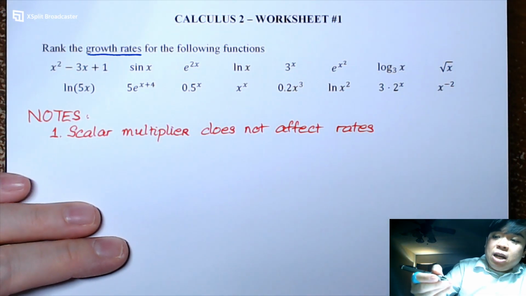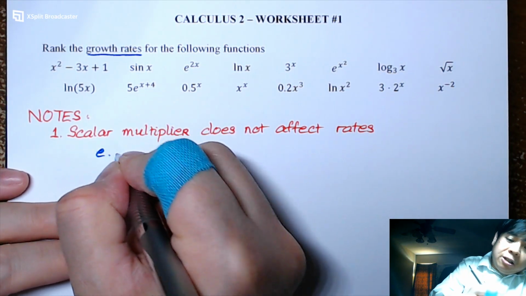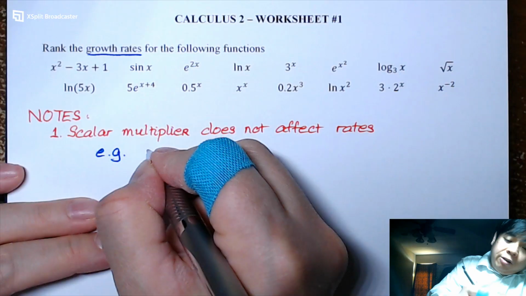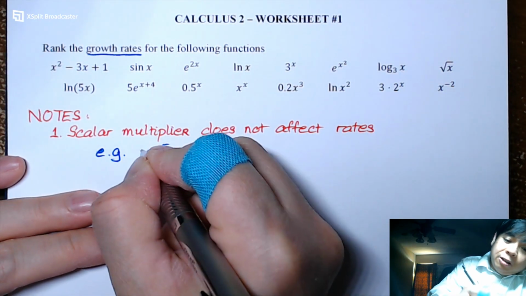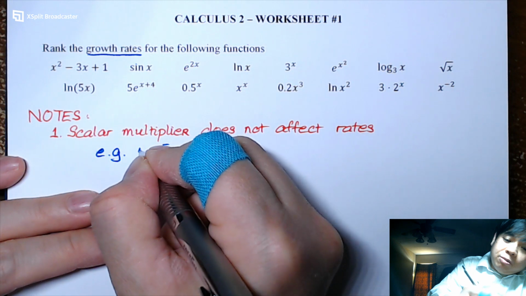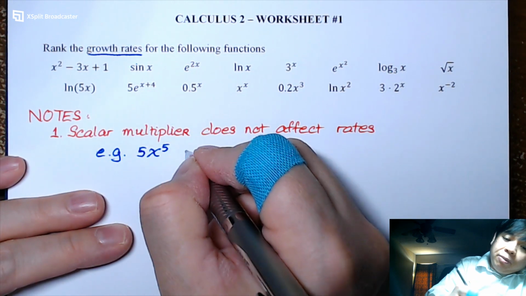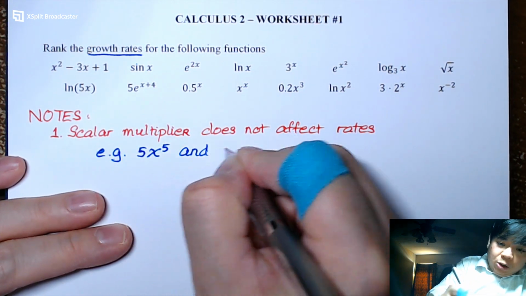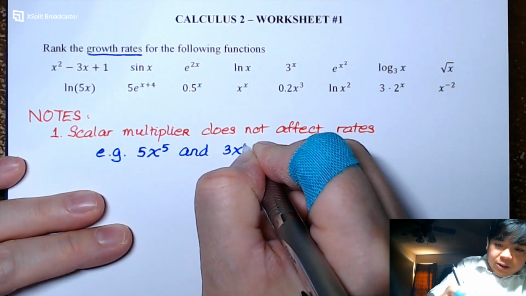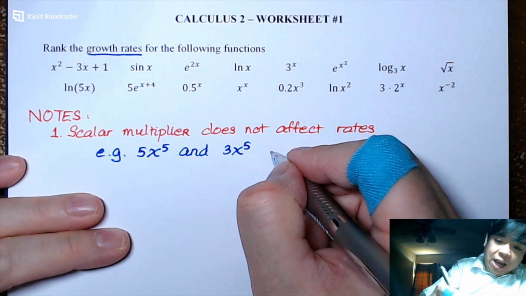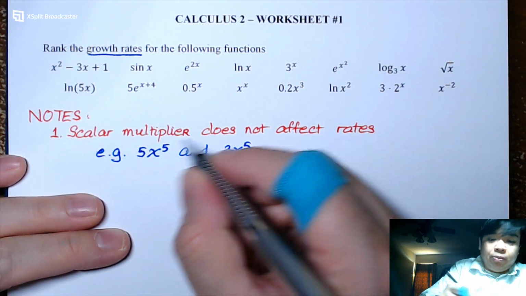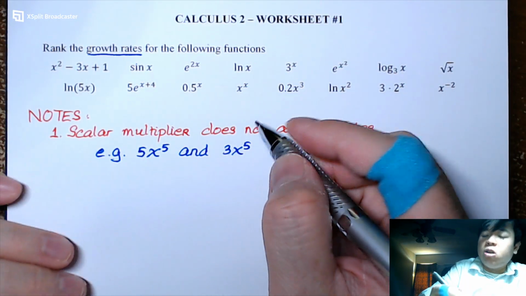I'll give you two examples of this. You have, let's say, 5x to the fifth and 3x to the fifth. They essentially have the same rate as x to the fifth, because the 5 and the 3 do not affect the rate.